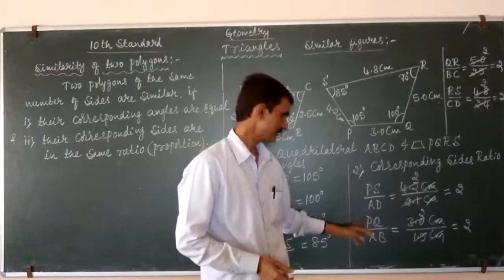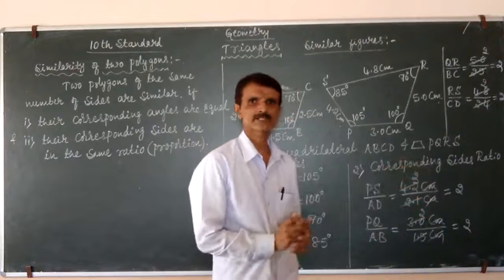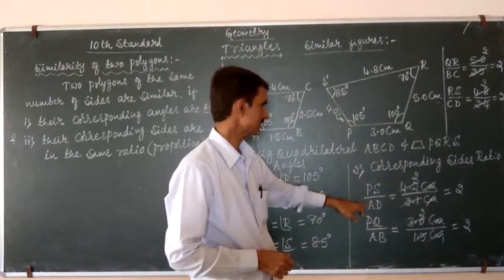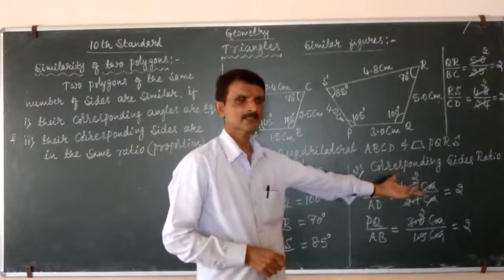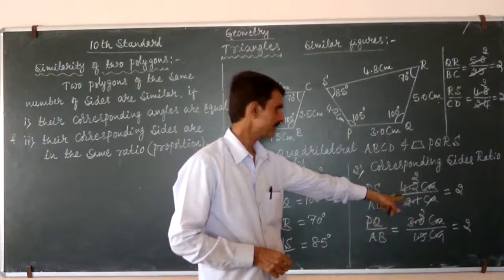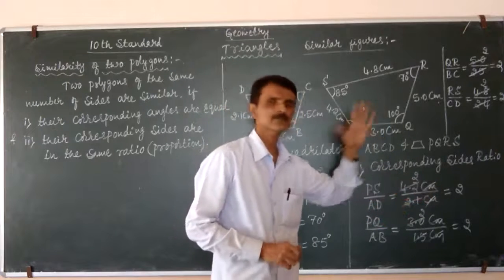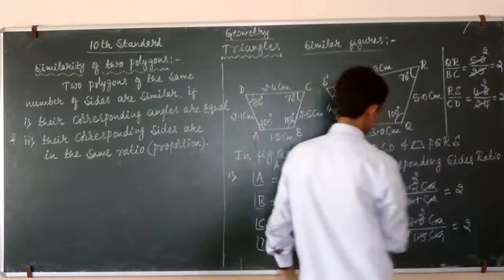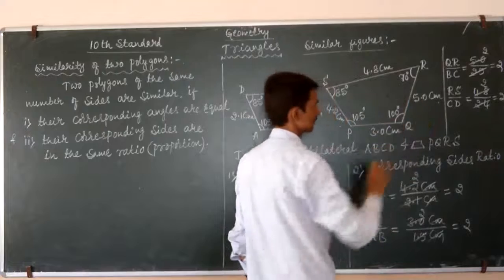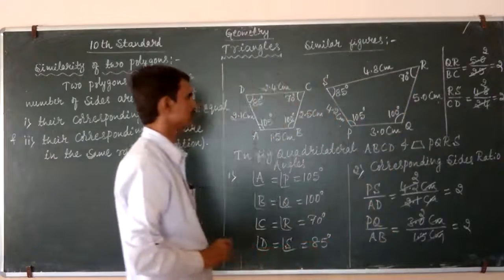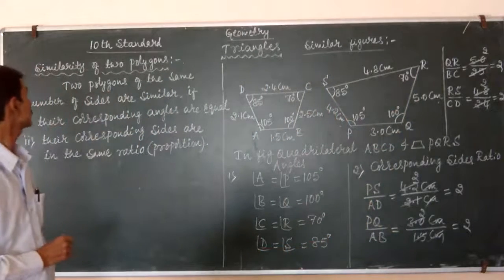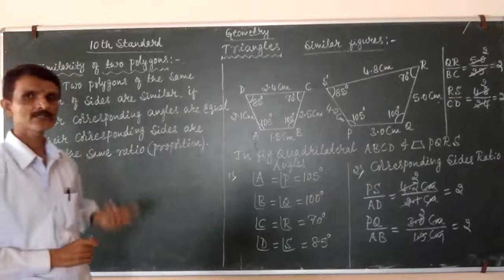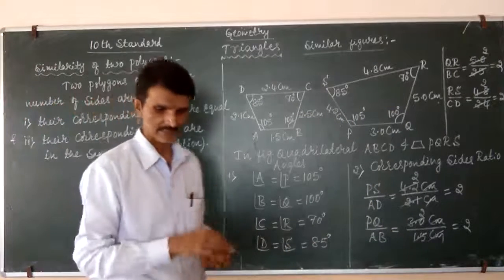So this will be AB by PQ, we will get 1 by 2. So therefore, you can write that all the ratios are equal. So therefore, you can say that the two polygons are similar.